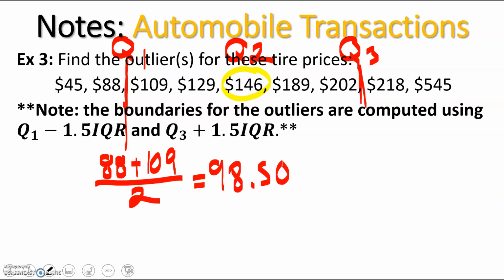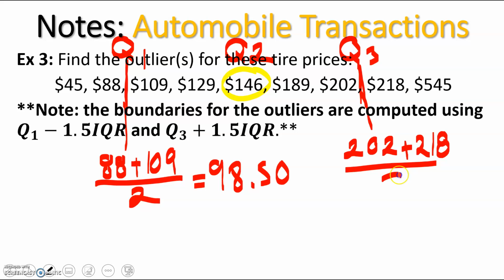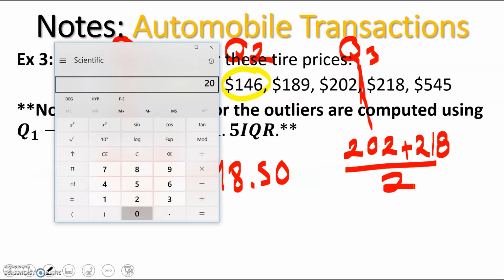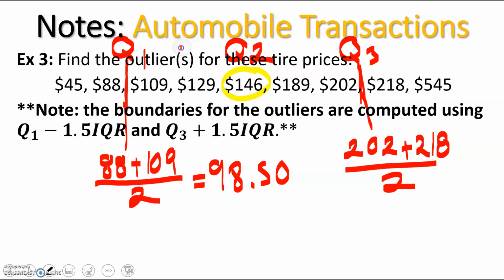And then for my third quartile, we're going to find the average of 202 and 218. So 202 plus 218, cut it in half, that's a $210 tire. All right, and then of course our Q4 is that 545.